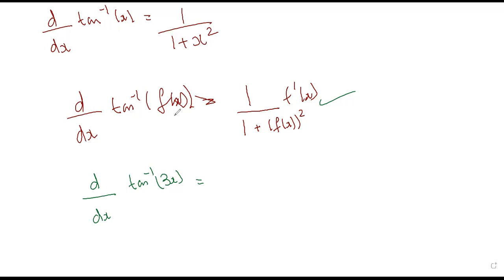The derivative of f of x in this case, what is the derivative of 3x? 3. Excellent. And 1 would come as it is, plus what is f of x in this case? Look, the thing inside tan inverse is f of x. So 3x, and we'll be having a square, okay?